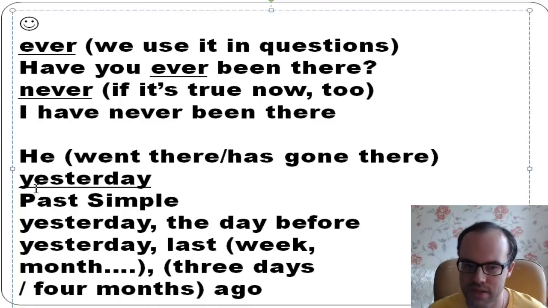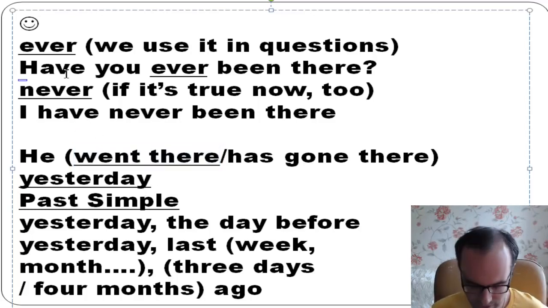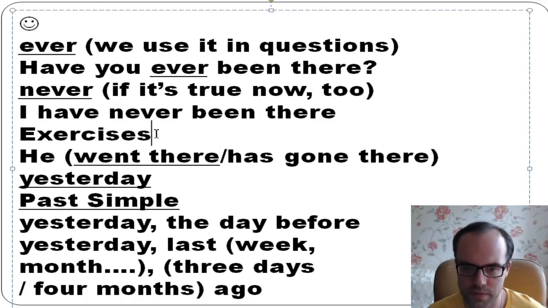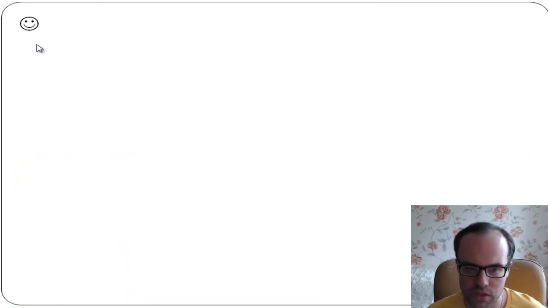They tell us that we need to use past simple. So the right answer is he went there, because yesterday is a word of past simple. Okay, so I feel that you need more practice. No problem.